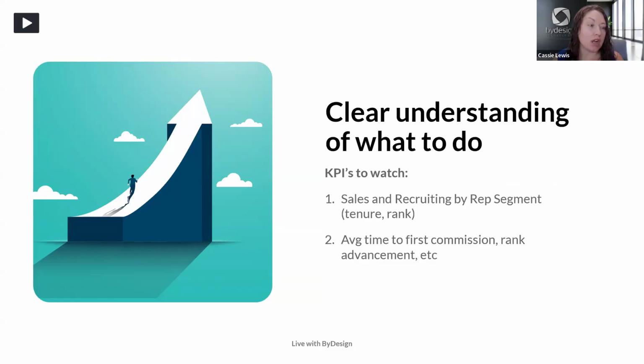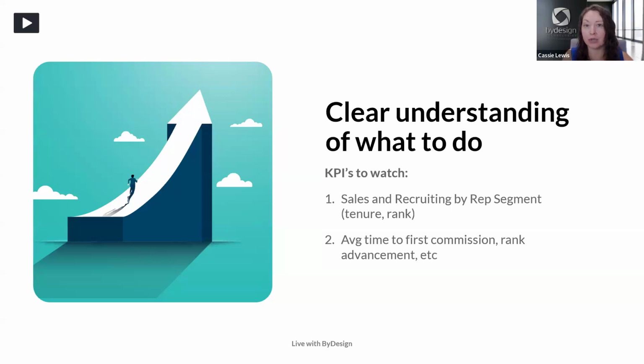So some KPIs to watch on this one: sales and recruiting by rep segment. And don't just think about rank. Look at the activities by rank, but also think about how long they've been in the business. For those reps that have been with us for 1 year, what's the average sales?